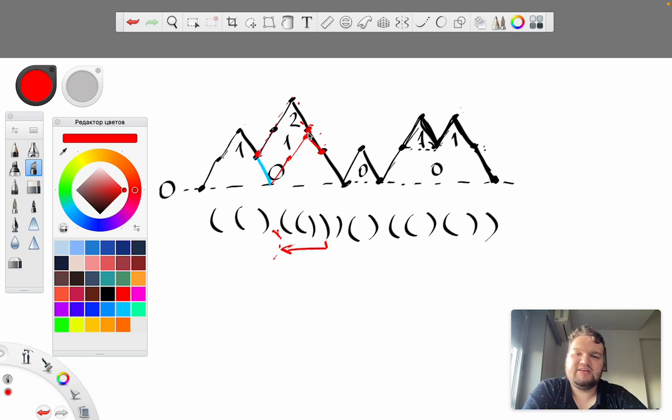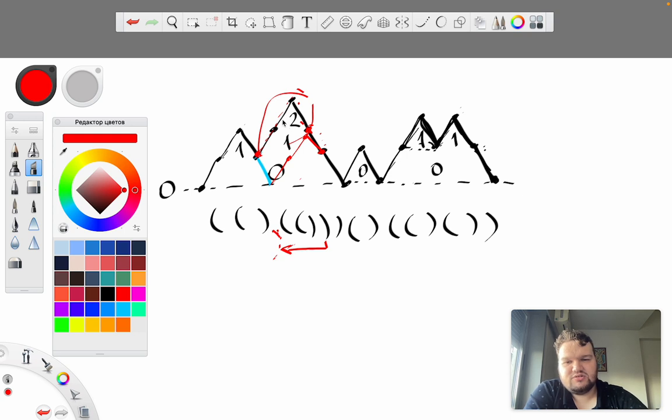So if we take a closing bracket and move it to the left, then every part of this graph between them will be moved down, and this thing will also be moved somewhere.